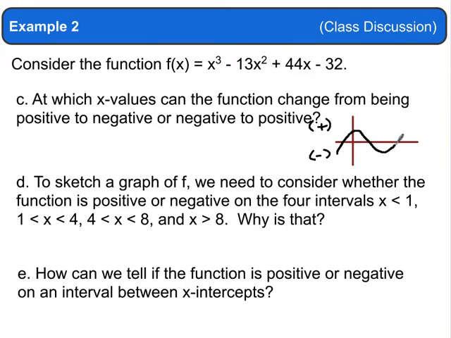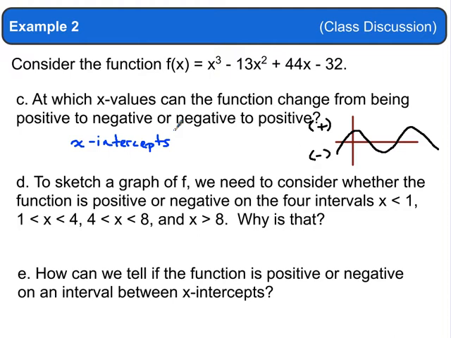I have to cross the x-axis to get from negative to positive results. So at which x values can it change from being positive and negative? We have to say the x-intercepts. This is one reason why we look for those particular x-intercepts, to take advantage of that.